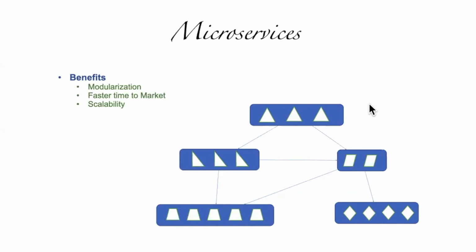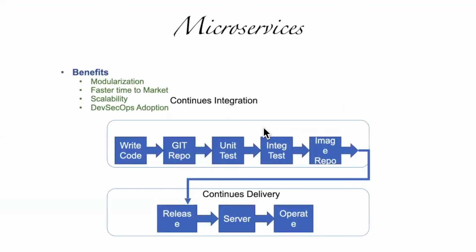But in microservices, think about a particular service that, based on the access pattern, is being used heavily. I can deploy it in 5 different nodes in a horizontal cluster. Likewise, 4, 2, 3. So every module can be scaled separately without impacting other modules. That's the key benefit we get with scalability.